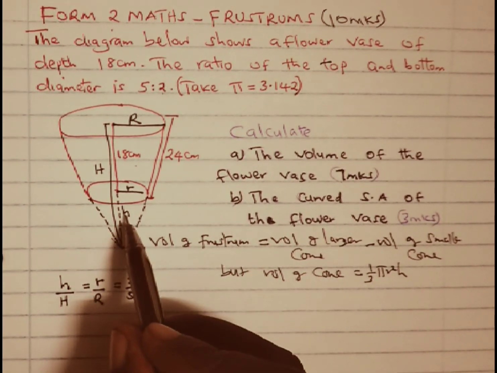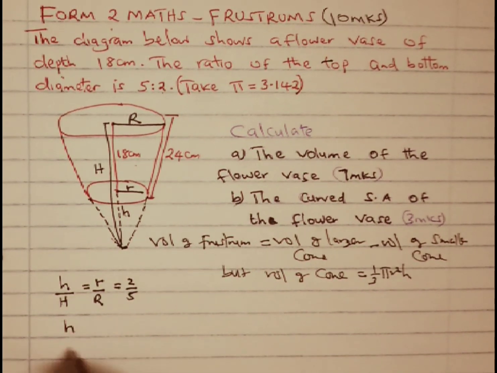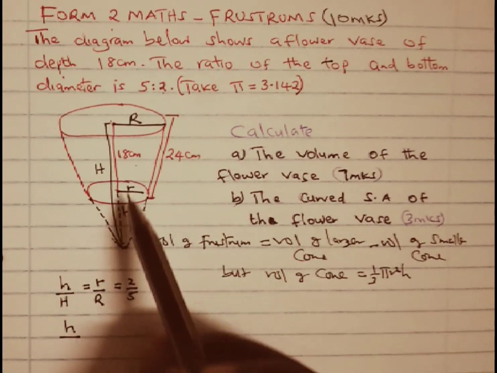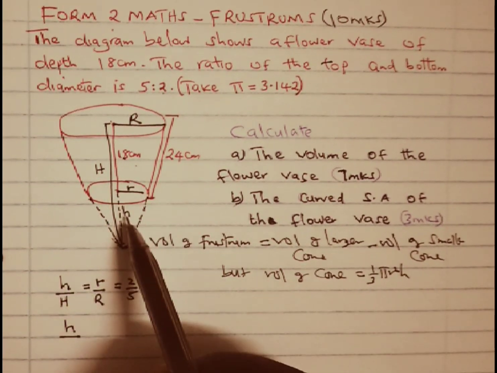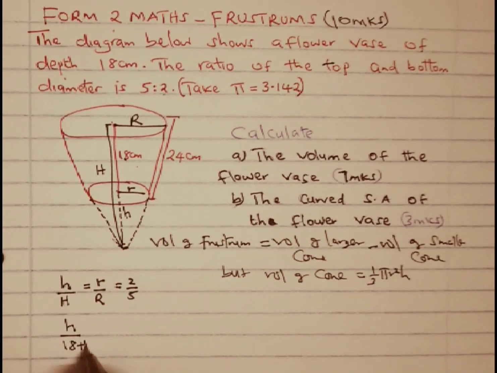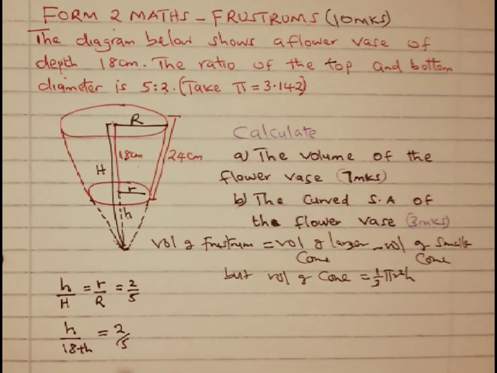We do not have the height of the smaller cone. We divide it by the height of the larger cone, which is 18 plus the small h, and this must give us 2 out of 5.